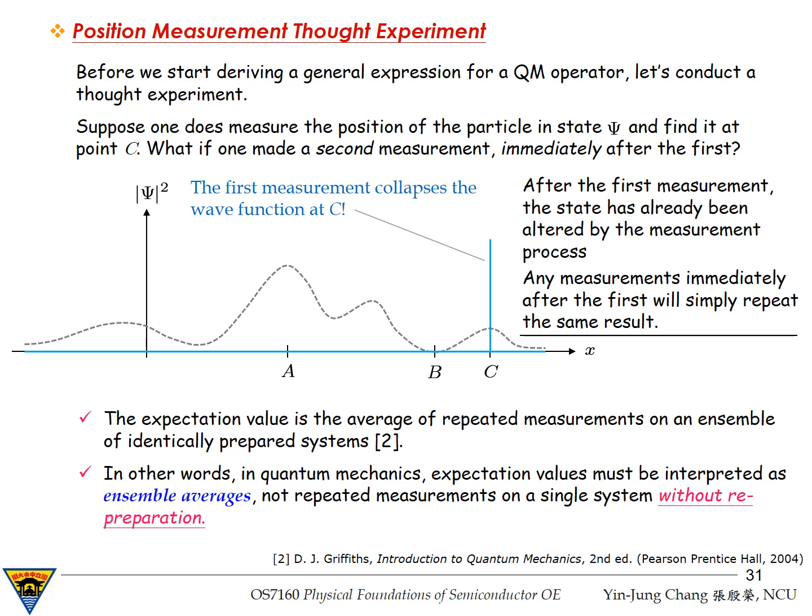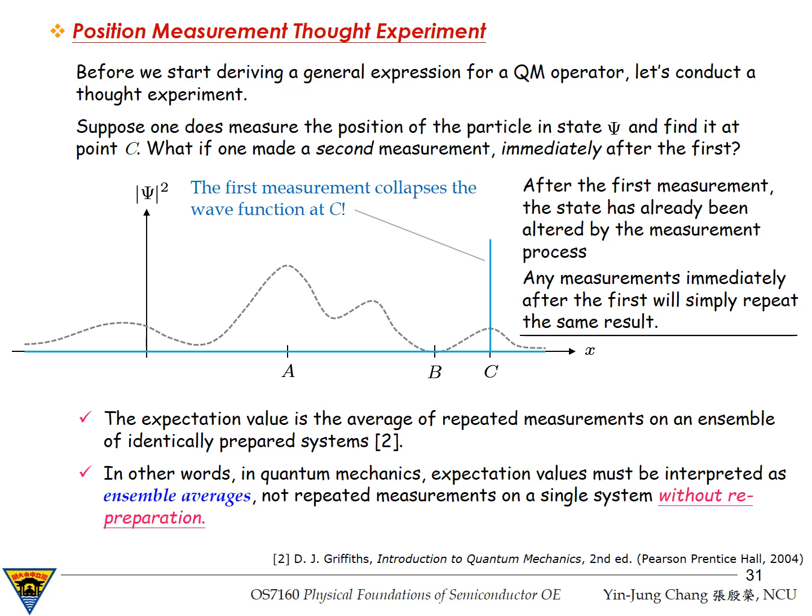In other words, if we want to determine the expectation value of position for a state psi, we should imagine preparing a large number of identical systems, each in the same initial state psi, measuring the position of the particle once on each system, and then averaging the results over the entire ensemble.